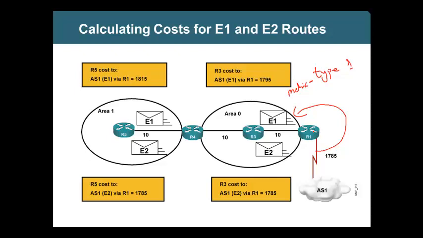For the path cost to be added, we need to say metric type 1. If you don't mention it, it will be E2, where the path cost will not be added. The metric given while redistributing from RIP to OSPF will be carried inside without any change.